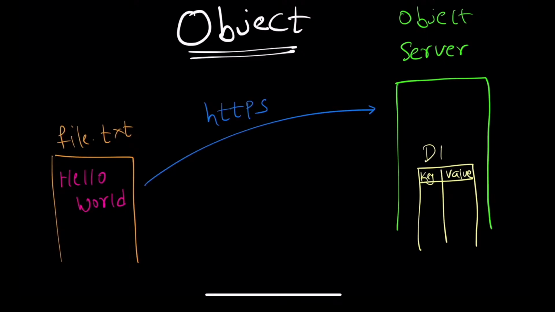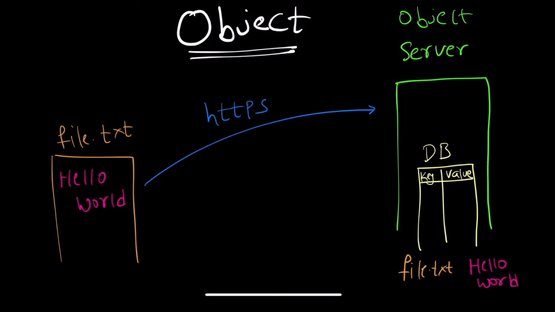So it's a database that object storage server maintains. As and when you upload the file, the name of the file becomes the key, and the content of the file is the value. So file.txt is equal to hello world.